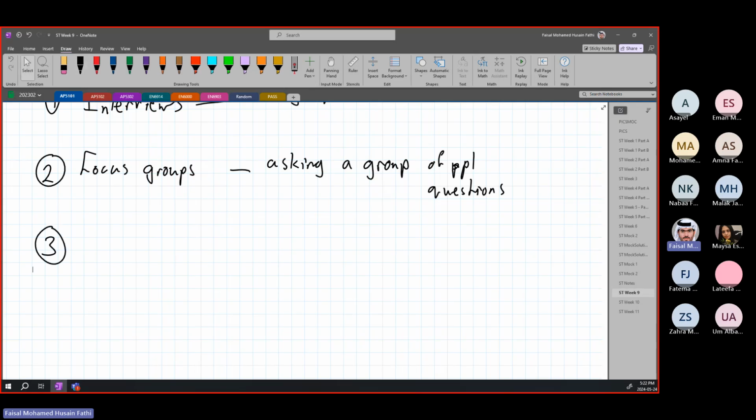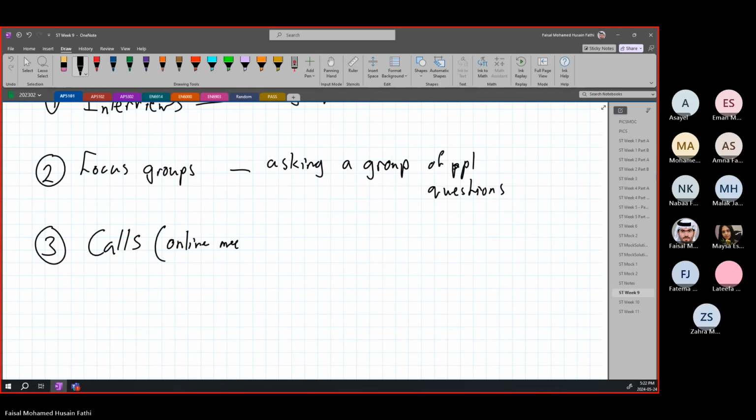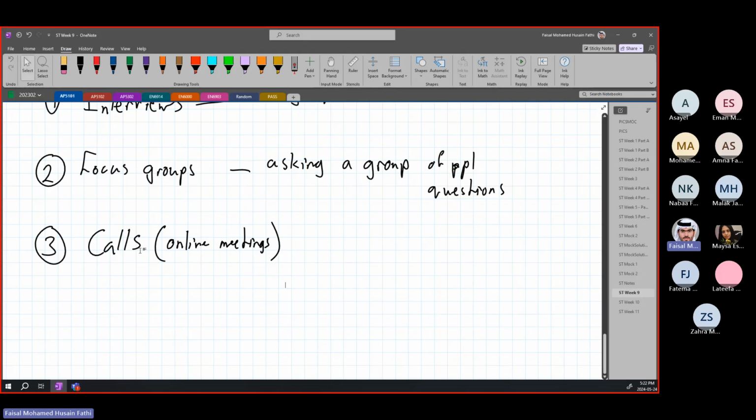The third type is using calls, or you could say online meetings. Back in the day, it used to be mostly phone calls, calling specific people from a specific group one by one, and you would get their ideas about everything.